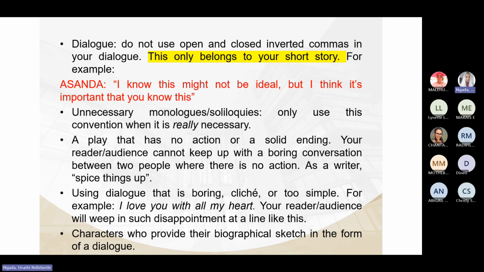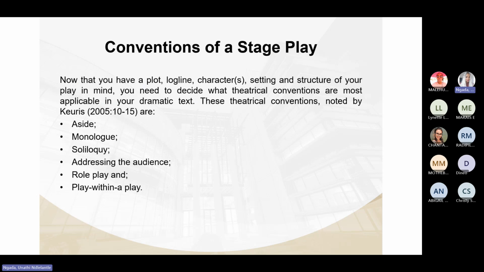So let us then look at the conventions of a stage play. What are the conventions of a stage play? Here, when writing your play, you need to have a plot, logline, character setting, and structure of your play. And when you keep this in mind, you have to decide which theatrical conventions are going to be applicable in your dramatic text.